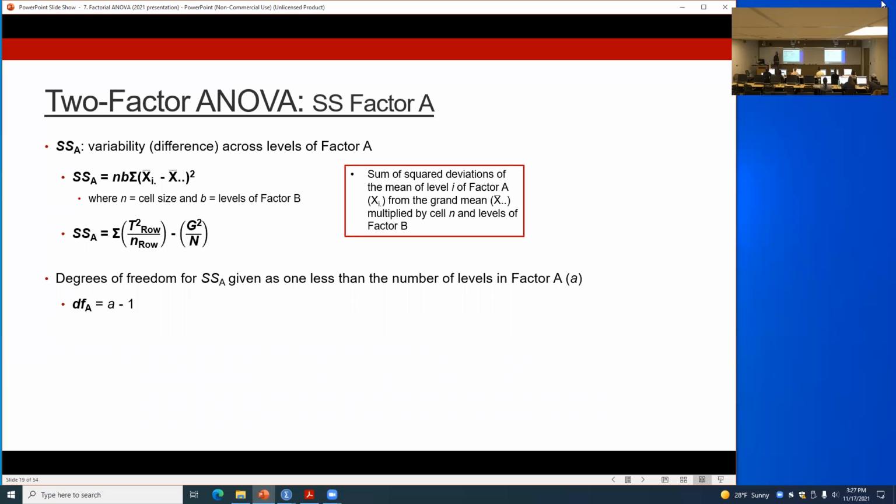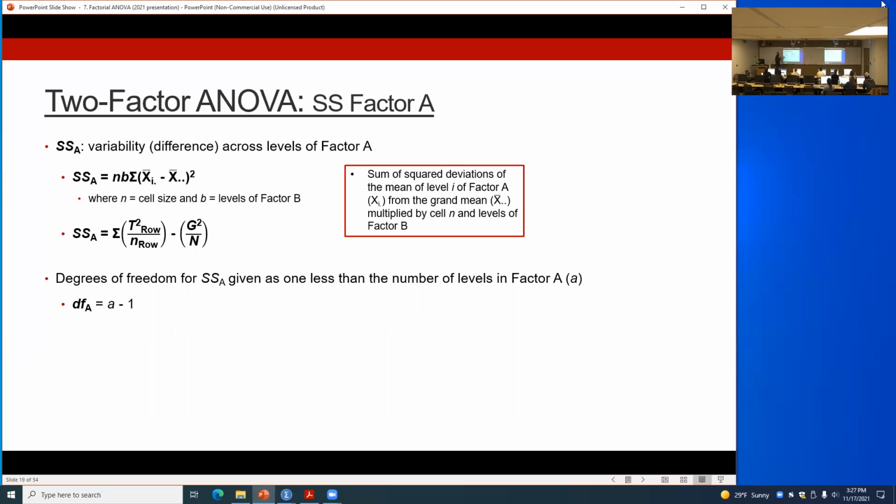So sum of squares for factor A is the sum of deviations of the mean of level i of factor A from the grand mean, multiplied by the cell n and the number of levels of factor B. To calculate this, I take the number of people per cell, assuming a balanced design, times the number of levels of factor B. And then the rest is easy. I'm just going to take the mean of level i of factor A minus the grand mean and square that up.